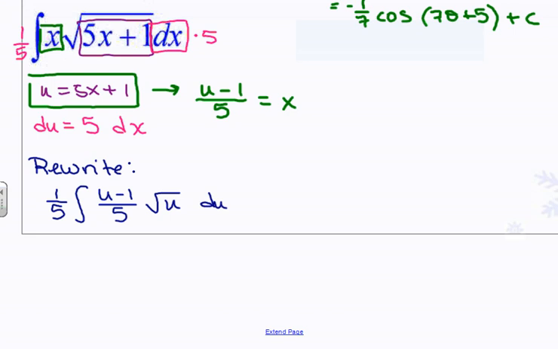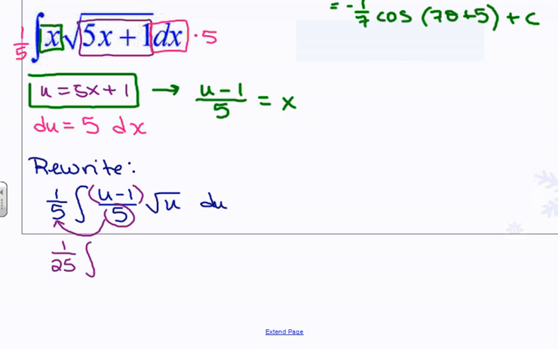Okay, so we've replaced everything in the original problem with something in terms of u. All right, so now you want to look at what you have left over and ask yourself, can you integrate this? Well, we have this 5 in the denominator. This we can just go ahead and pull out to the front because that is a constant. And then left over, we have this u minus 1 times the square root of u.